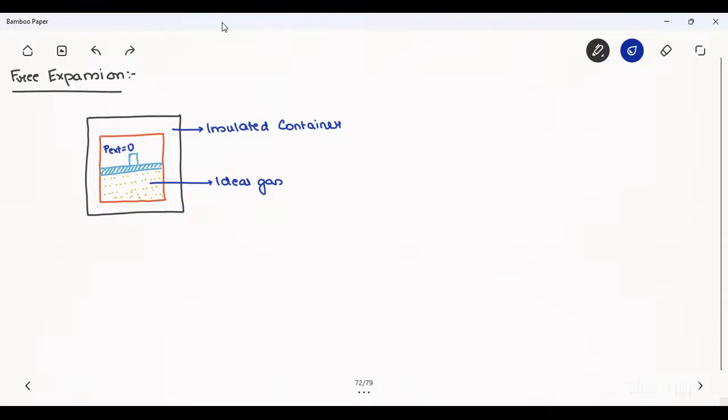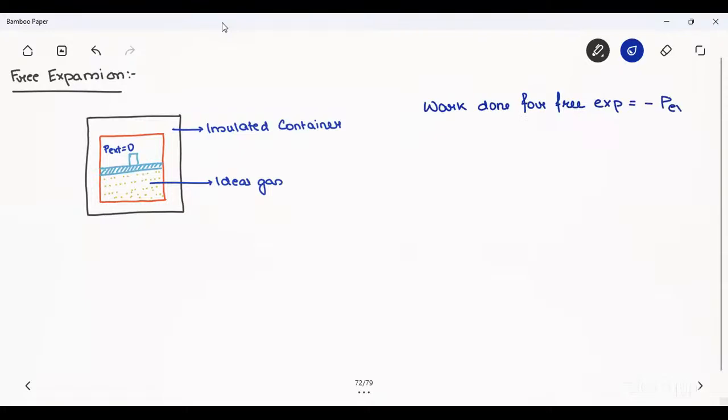Now they can ask you what is the work done by this free expansion. So we need to calculate work done for free expansion of gases. What is the formula for work done?